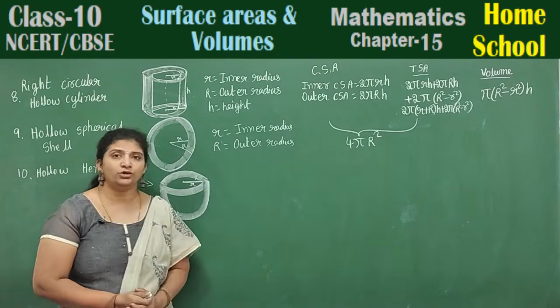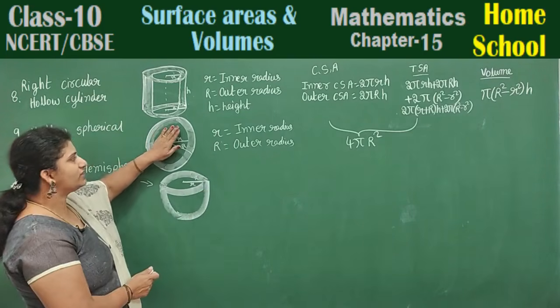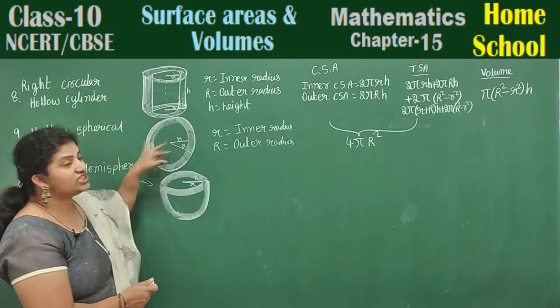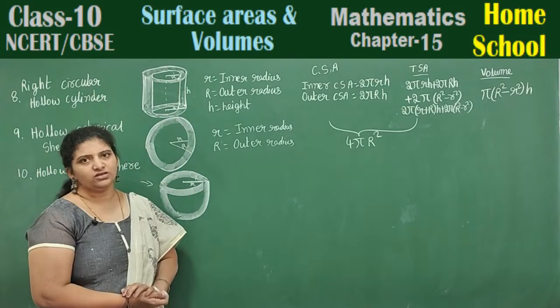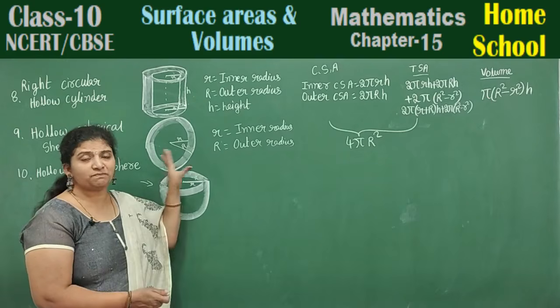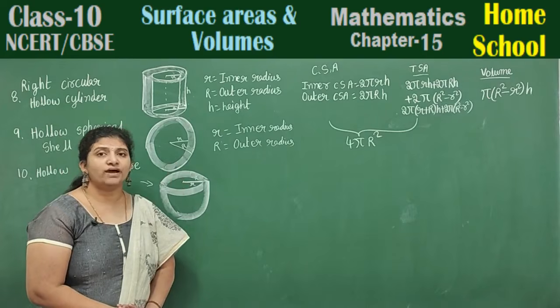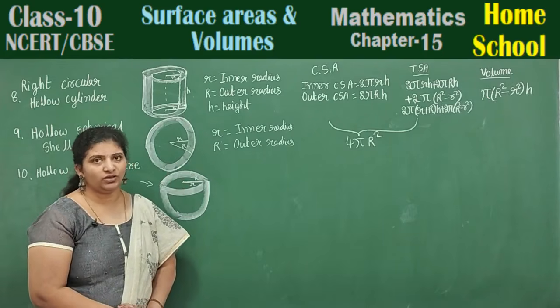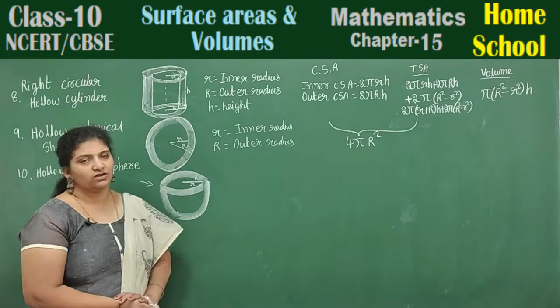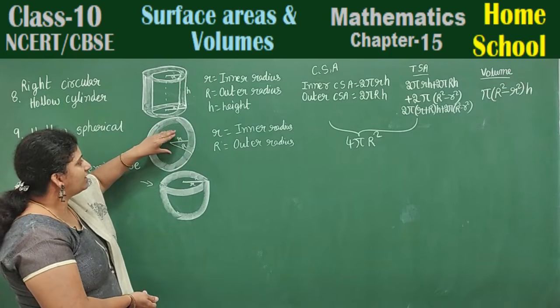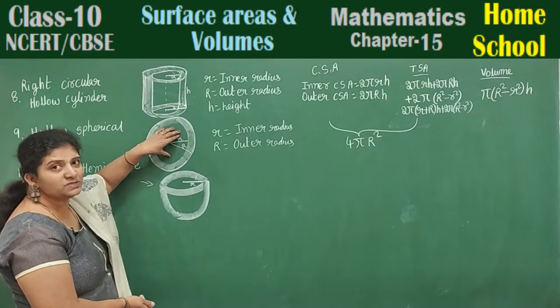Coming to volume, I don't want this. I want the volume of the shaded ring here. So what is the volume of a sphere formula? 4 by 3 pi r cube. Here you have two radii. Volume of the complete sphere minus volume of the inner sphere.